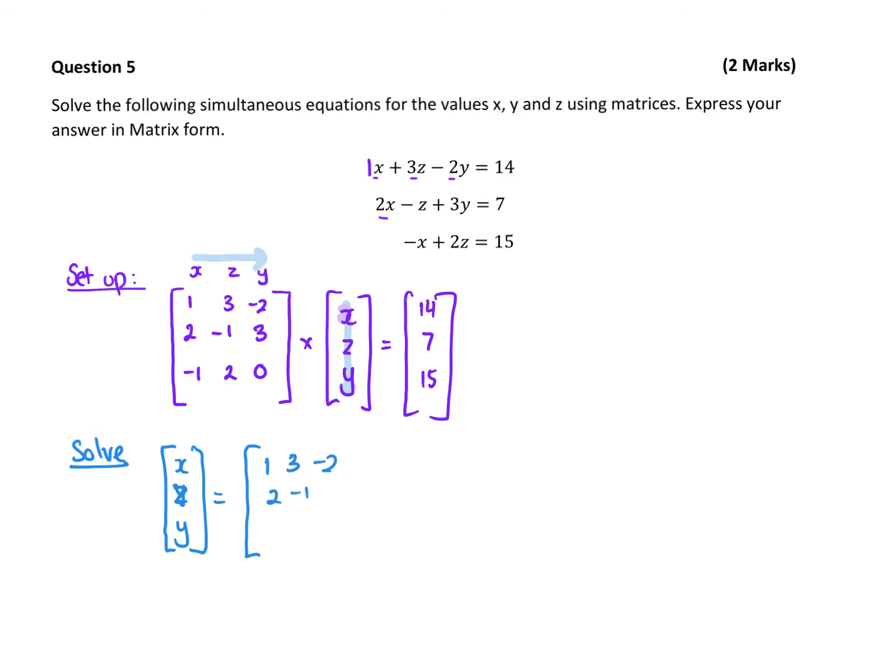You would write this out to the power of -1 and then times by the 14, 7, 15. You just do that straight into your calculator with the power of -1 and your times, and you'll end up with your answer.